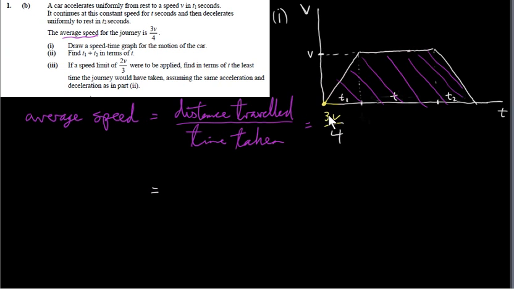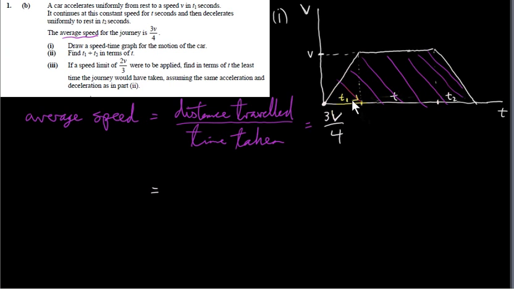We're given in the question that the average speed is 3v/4, where v is the maximum speed of the car. So let's explore this equation here. It'll help us to answer part 2. The distance traveled is this area, so it's the area of this triangle plus this rectangle plus this triangle. What's the area of this triangle here?